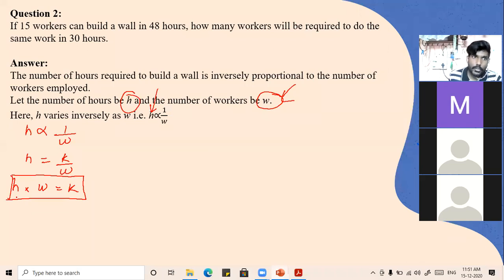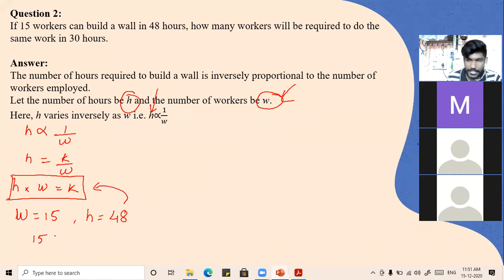Now, if you look in the question, the number of workers is 15, and 15 workers finish the work in 48 hours. Now using these values, we'll find out the value of K. Substitute these values here.